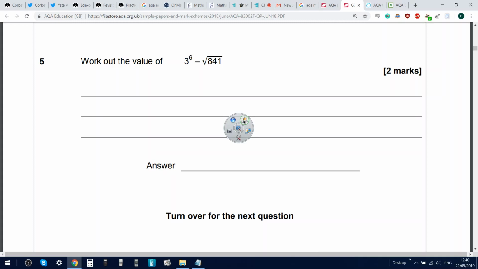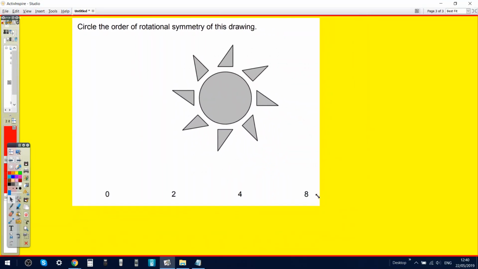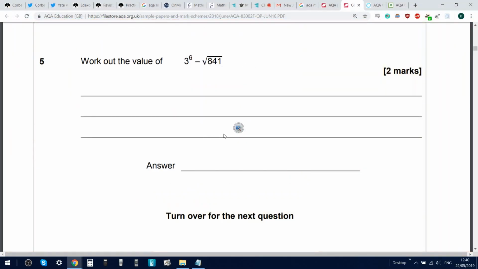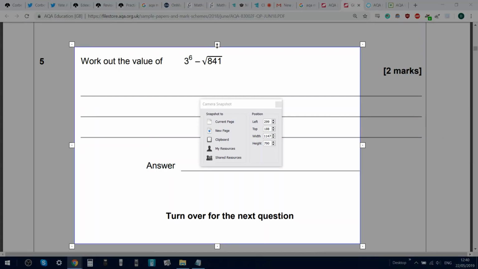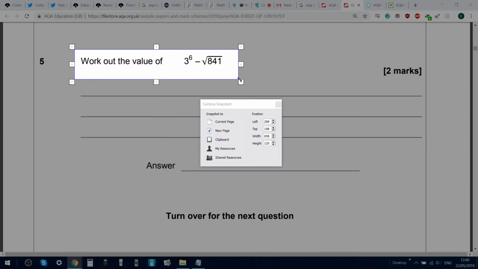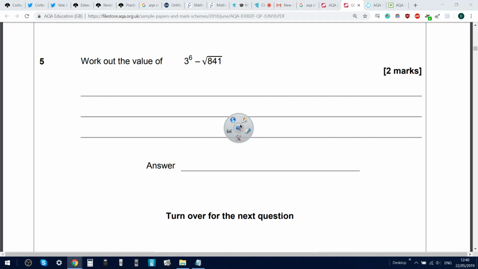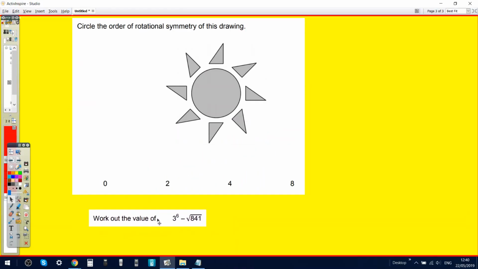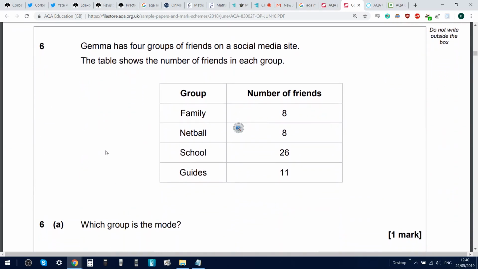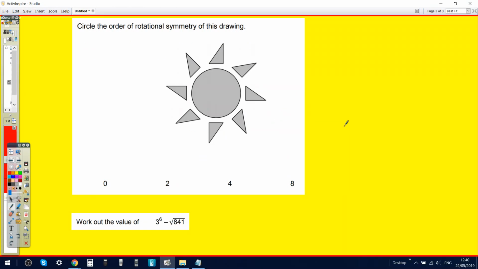Okay, second rotation symmetry. So how many times can it spin around the center and go on top of itself perfectly?